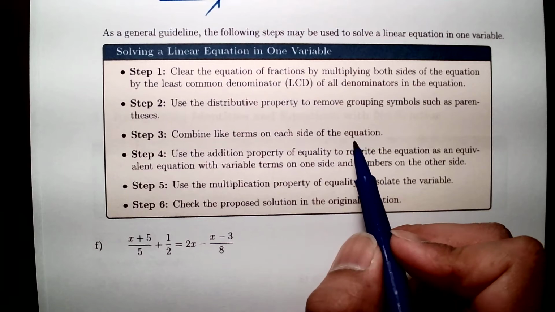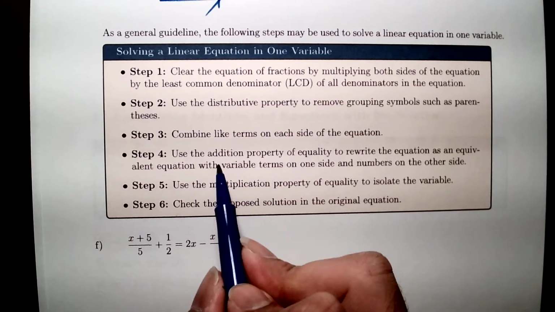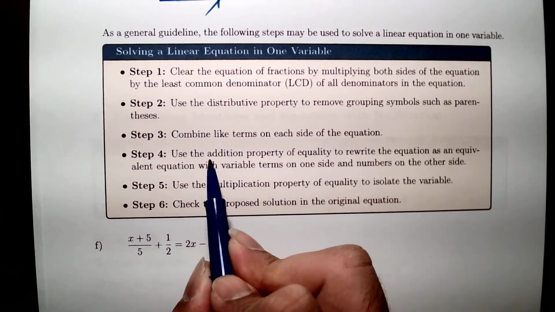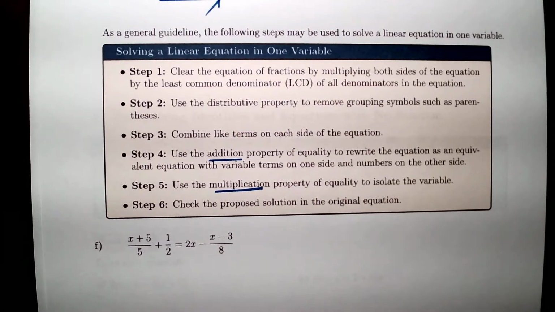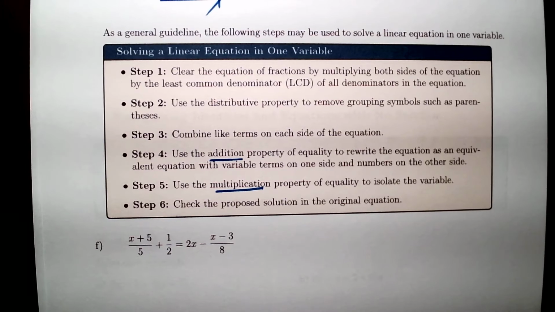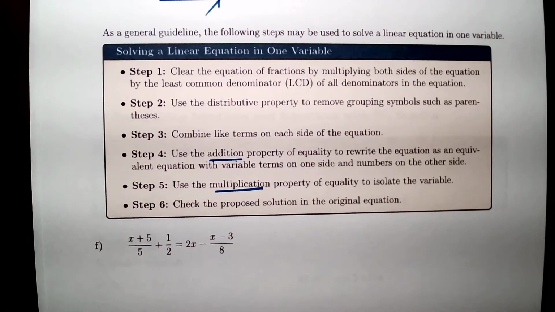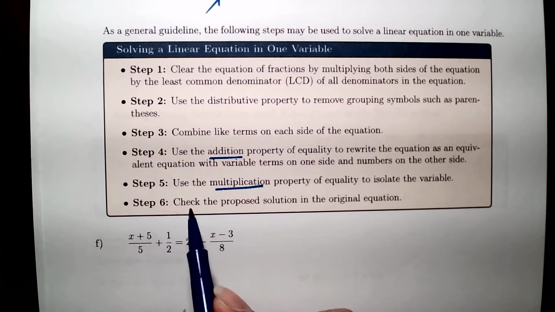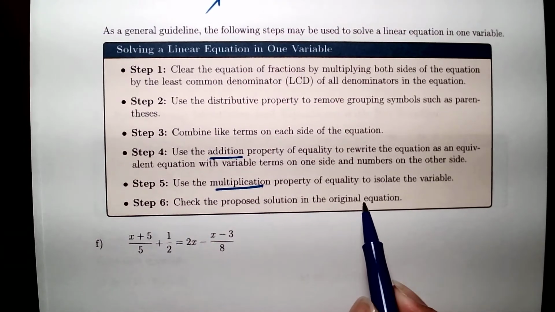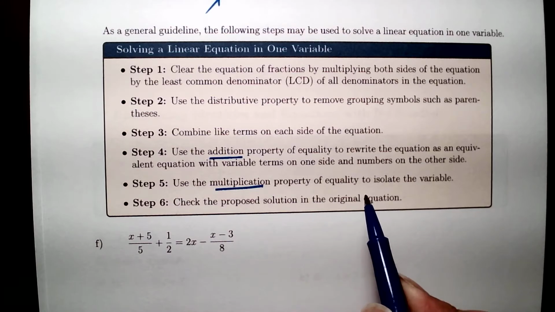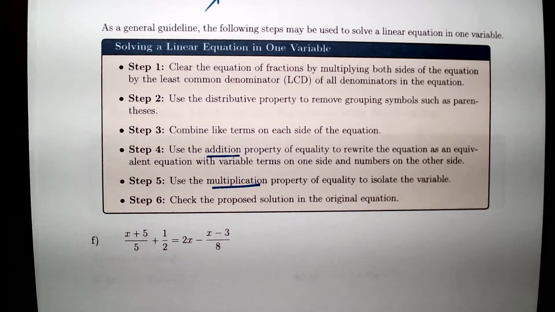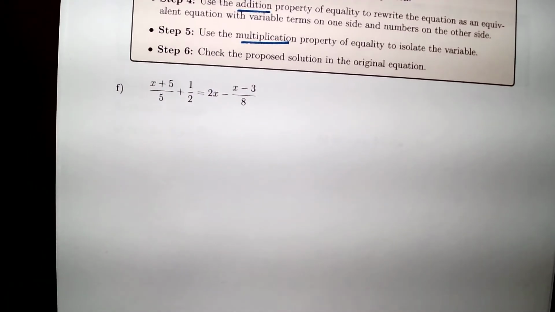Combine like terms, we did some of those. And then use the addition or multiplication property: add or subtract a number on both sides of the equation, or multiply or divide both sides by another number. In this case, I'm skipping the last step, which is to check the proposed solution. We don't have to do that.